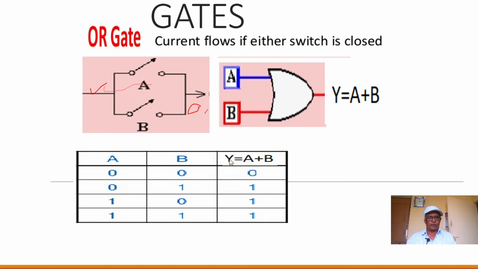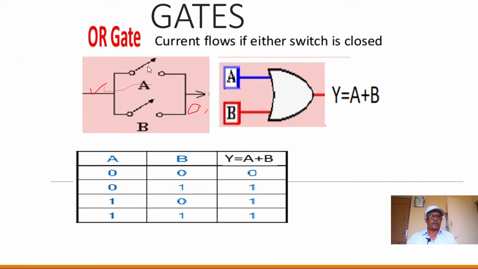And a truth table we can define as a table which gives the output for all possible input conditions. Now here in the first case, A is 0, B is 0, meaning switch A is off, switch B is also off, the input is not connected to the output, so naturally we get output 0.